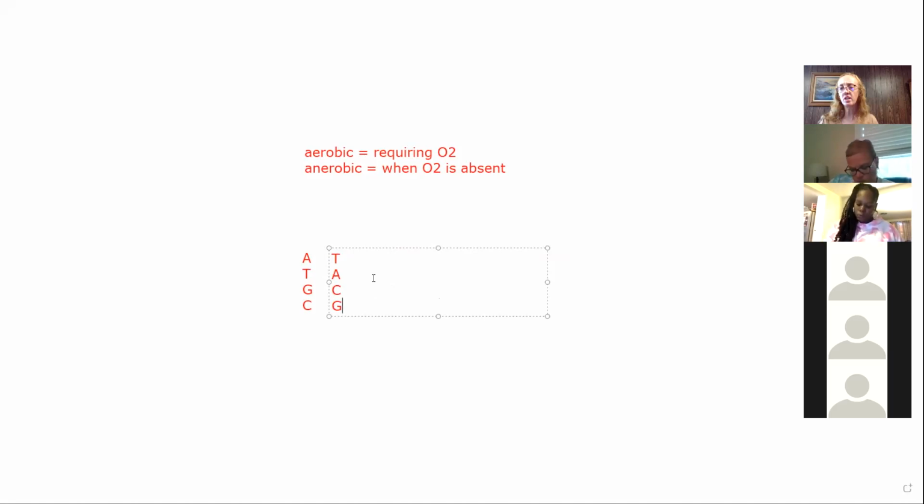Because they always base pair like this, and DNA is a double helix, anytime that adenine is on one sequence, thymine is on the complementary sequence. Anytime that thymine is found, adenine is on the complementary sequence at that same spot. Same thing for guanine and cytosine. Anytime you see a cytosine, guanine is on the complementary sequence at that same spot.